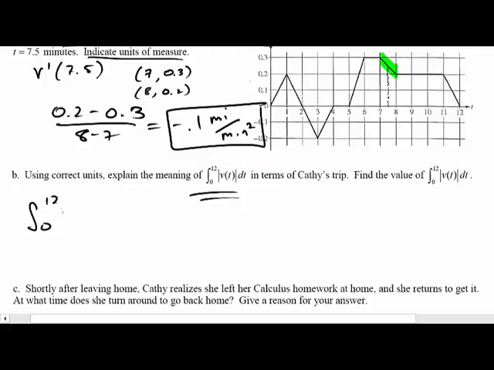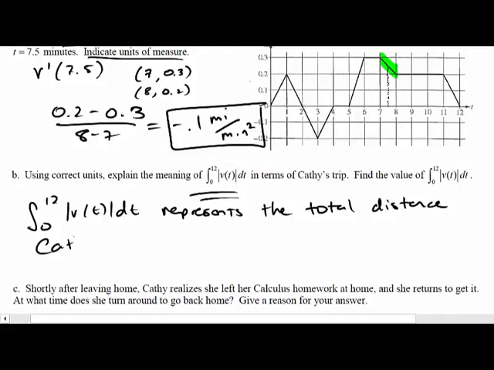The integral 0 to 12 of the absolute value of v of t dt represents the total distance Kathy traveled in miles, since it says I have to use units, for the interval 0 minutes to 12 minutes.